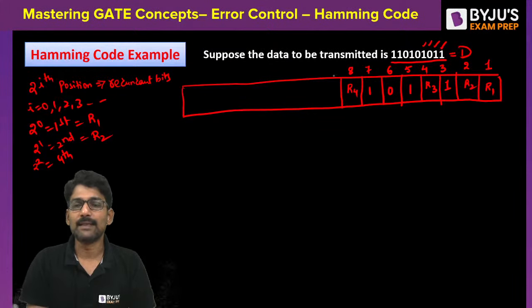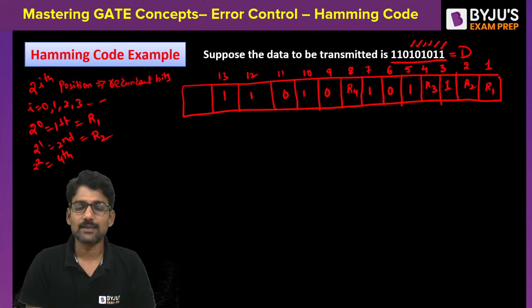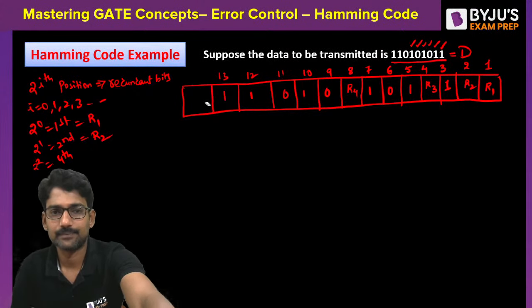Now the ninth position is not a redundant bit position, so I will place 0. 10, 1. 11, 0. 12, 1. 13, 1. With this, our data is completed.